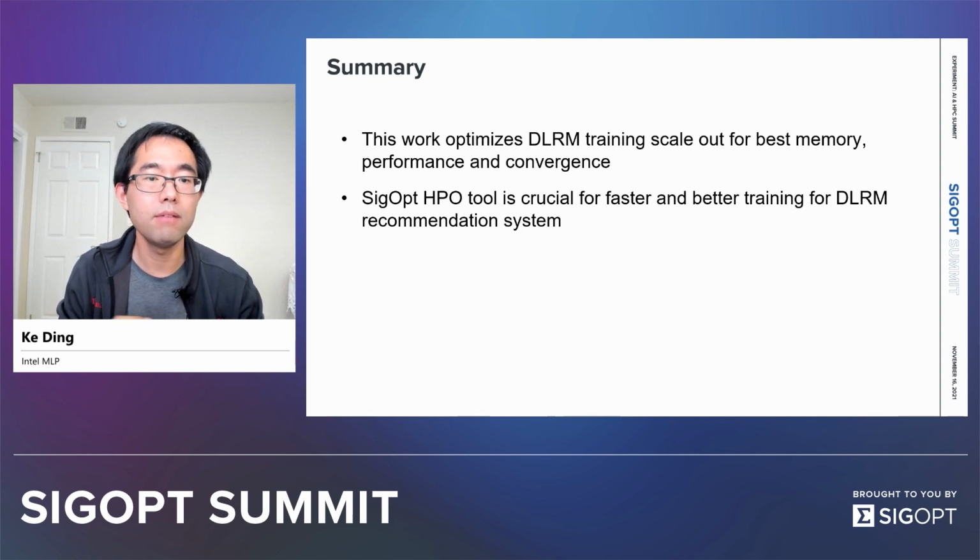And even though we have hybrid data and model parallelization, an efficient data loader, and hybrid optimizers as individual improvements, this final result cannot be easily achieved altogether without the great HPO tool, SigOpt. So the SigOpt HPO tool is crucial for faster and better training for the DLRM recommendation system.